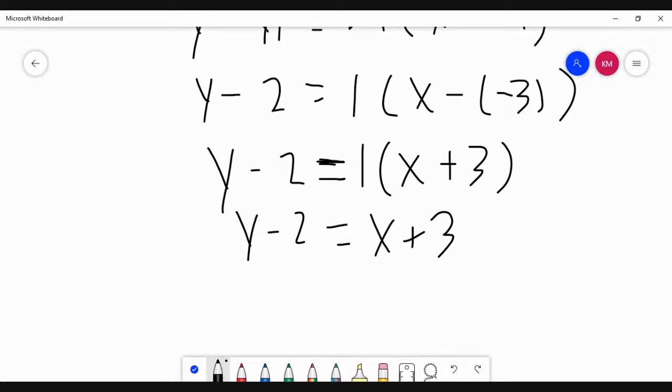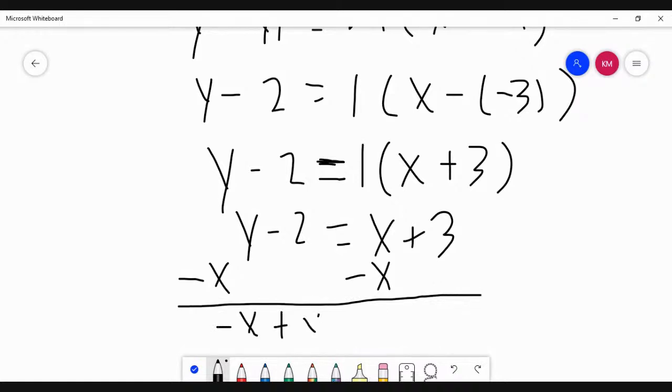Now, for the long way, what you can do is move the x first, which will be negative x, and you will minus x on both sides, which will give me negative x plus y minus 2 equals 3.